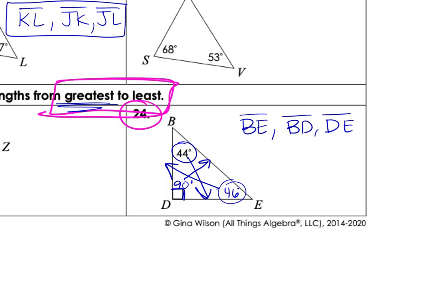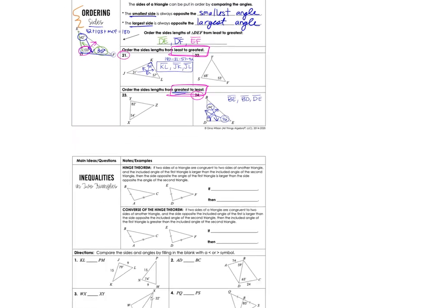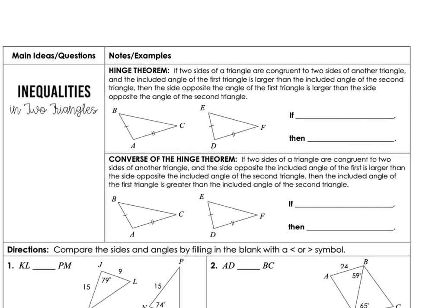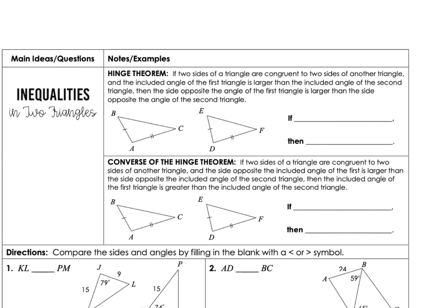Good there? Okay, last thing, and I've kind of been explaining this to you already in not as many terms. There's this thing called the hinge theorem, and think of it like with my hands, right? A hinge, how the angle changes affects how the side changes, right?